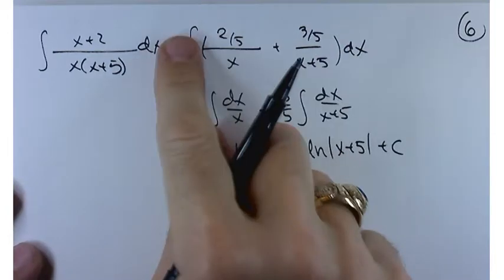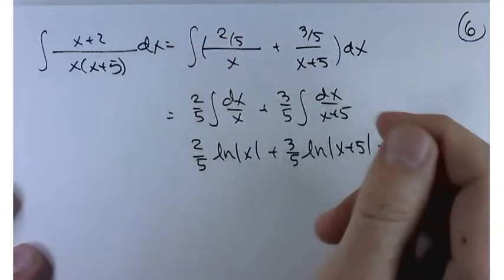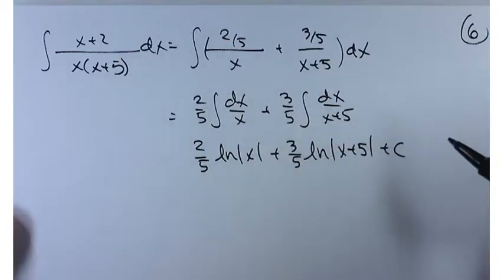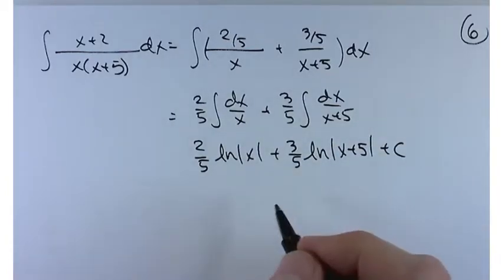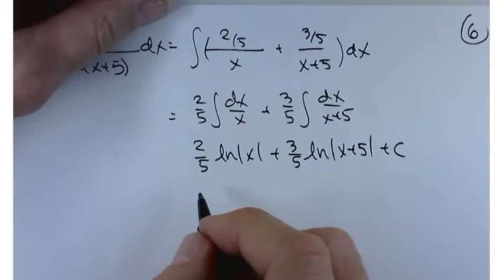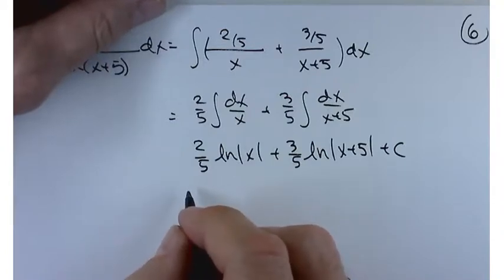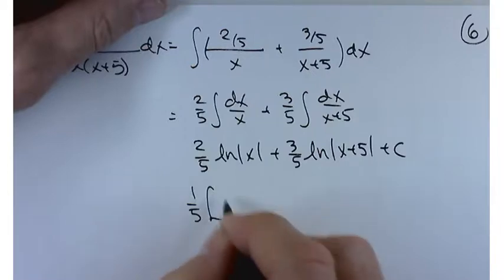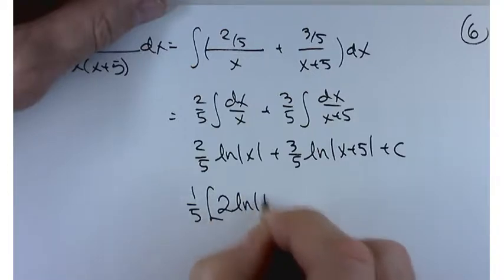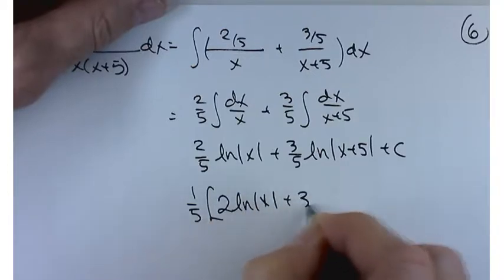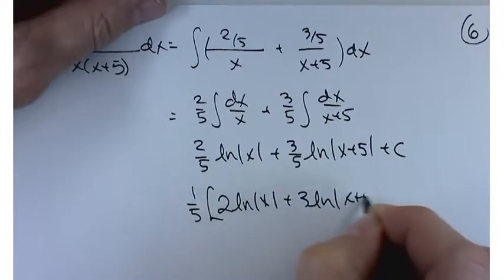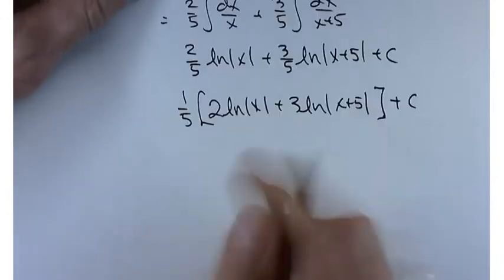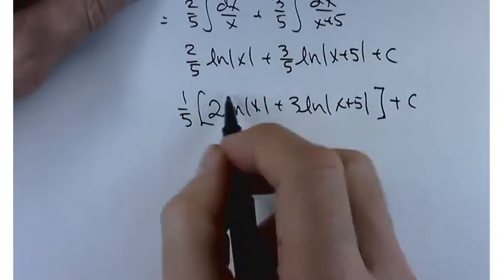Yeah, I mean it's just a constant, right? So I took that out of the integral and then integrated. Now, if you needed to check your answer, one of the things the book might do would be factor out the 1/5, and that leaves behind 2 ln of x plus 3 ln of x plus 5 plus a constant. And then these terms come up as exponents.